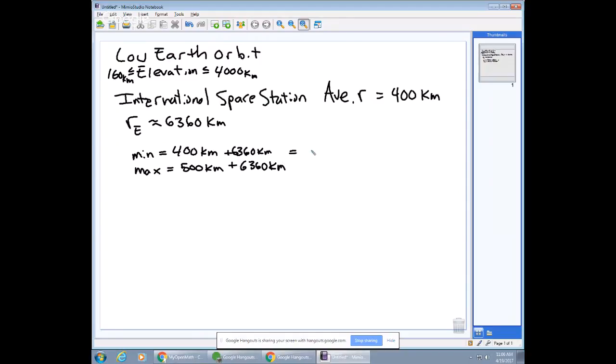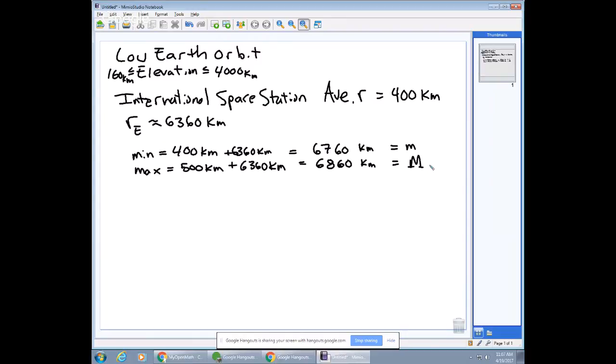Our minimum distance from the center of rotation is going to be 6,760 kilometers minimal and 6,860 kilometers maximum. I was calling these little m and big M in my notes earlier, because I want to track what happens to them.